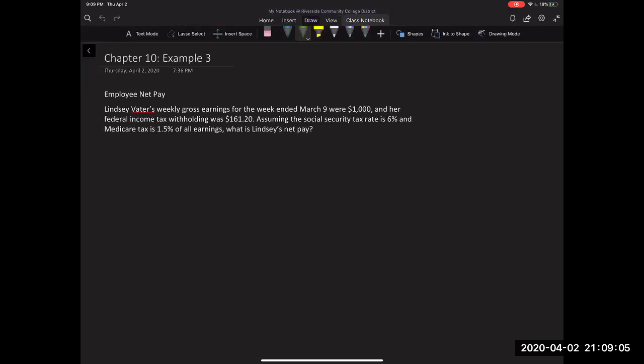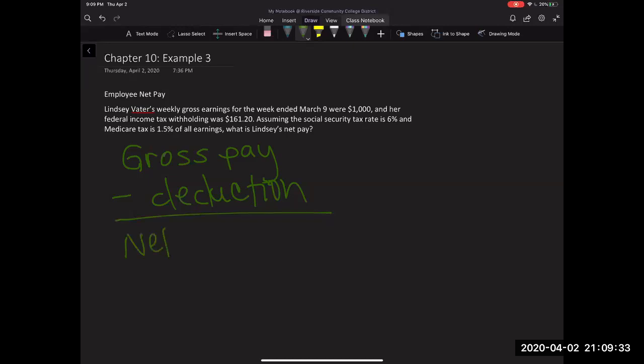Assume that the Social Security tax rate is 6% and the Medicare tax rate is 1.5% of all earnings. What is Lindsay's net pay? To start off, I would like to write out the formula. The formula is our gross pay less any deductions, and the difference will give us our net pay, or our take-home pay.